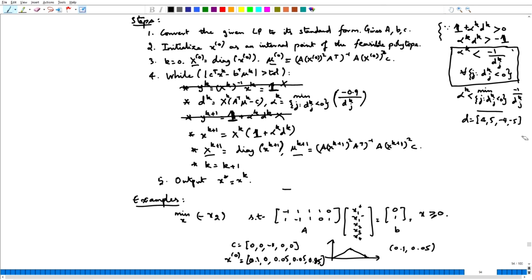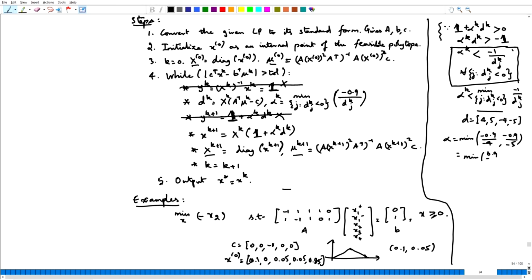So, maybe I will write it slightly left. Alpha is min of minus 0.9 by minus 4 and minus 0.9 by minus 5, that is just min of 0.9 by 4 and 0.9 by 5. Yeah. So, the minimum actually is 0.9 by 5, right.